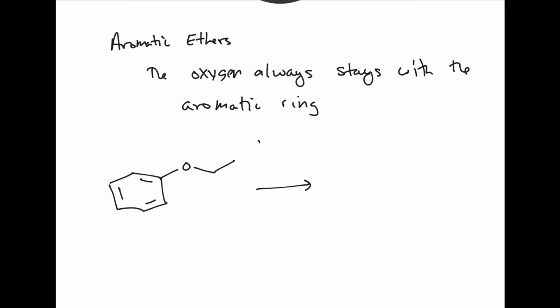So if I add my one equivalent of HBr, the oxygen is going to stay with the aromatic ring, and the halide is going to go to the other side.